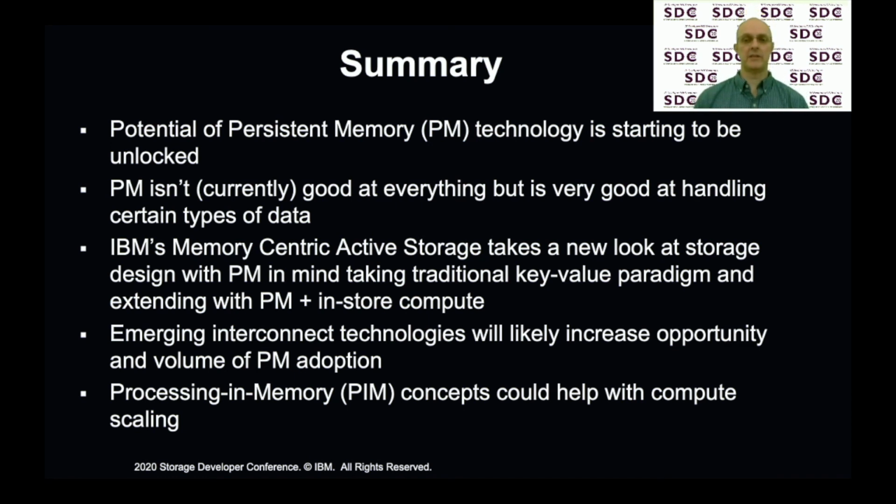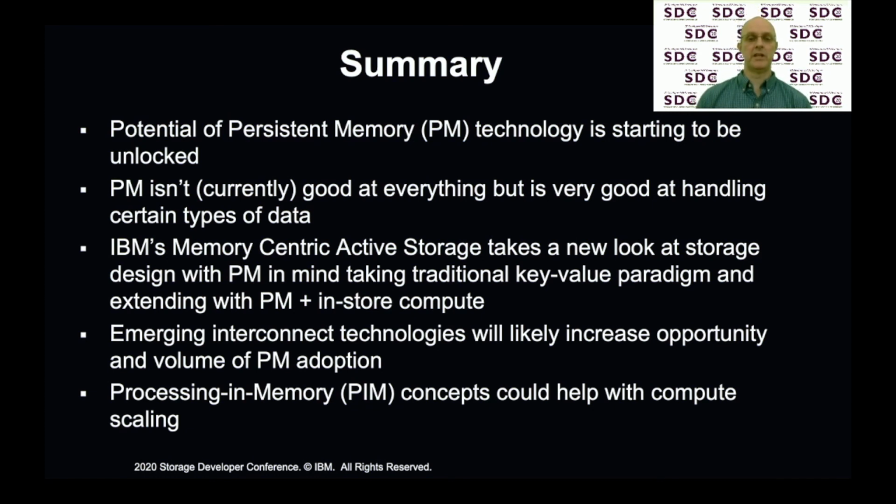IBM's Memory-Centric Active Storage takes a new look at storage design with persistent memory in mind, taking the traditional key value paradigm and extending it with persistent memory and in-store compute. This basically allows us to reduce the amount of data that's being pushed around the network and just push the compute into the storage system itself.